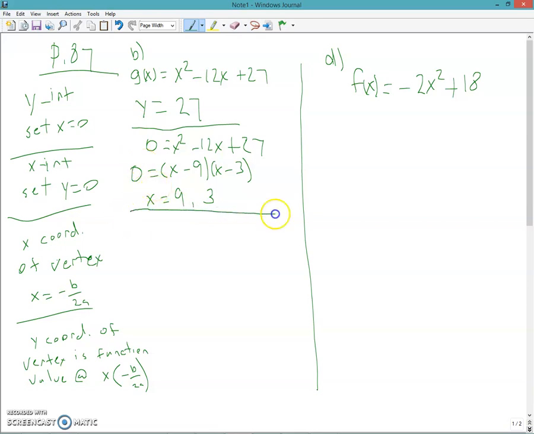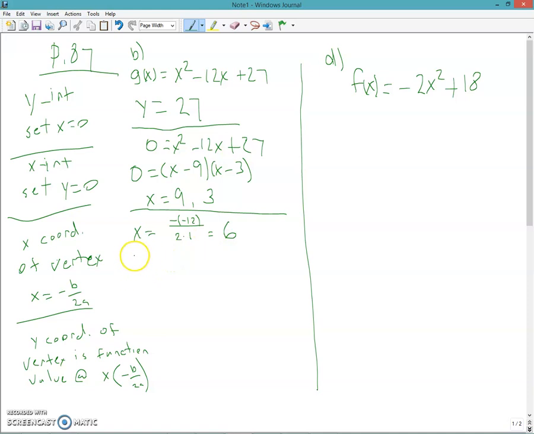Well, how do we find the vertex? When we start with this form, there's a formula that says x equals negative b over 2a, equals the negative of negative 12 over 2 times 1, equals 6.